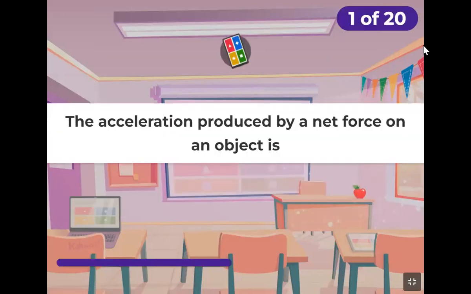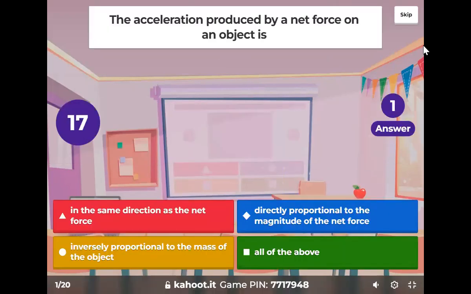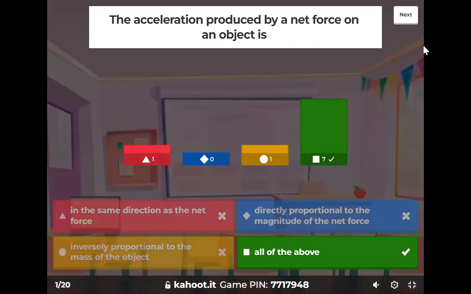Acceleration produced by a net force is... yeah, there you go. Yeah, all the above. Right. So I flip my screen over and just point that out.